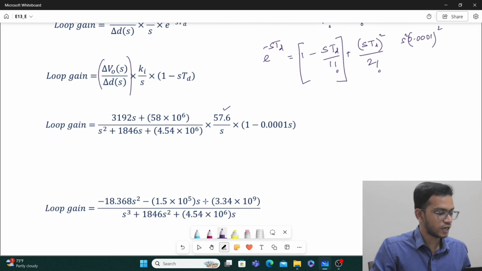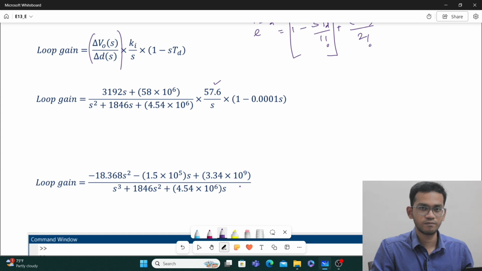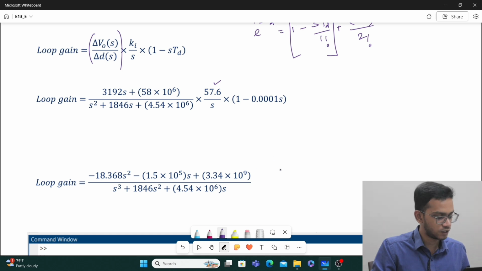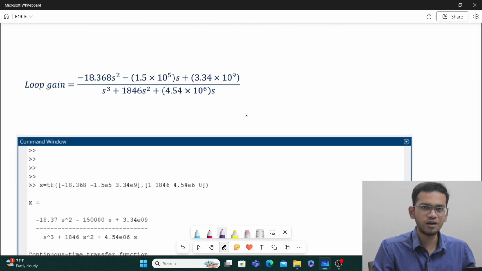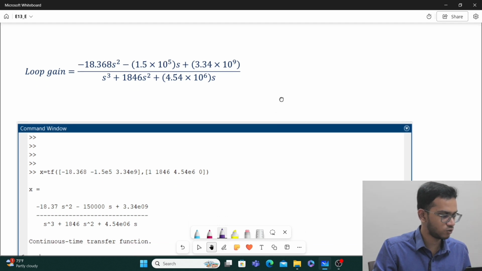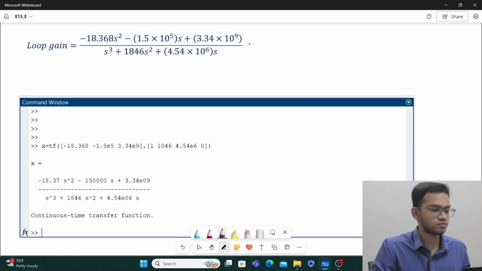Now I want to analyze this transfer function. I want to see whether this transfer function is fine or not, whether my system is stable or not. For that, I am going to MATLAB. You can do this stability analysis in multiple ways; I am simply doing it using MATLAB. In the command window, you can just type some variable equals transfer function of, and then type this transfer function.